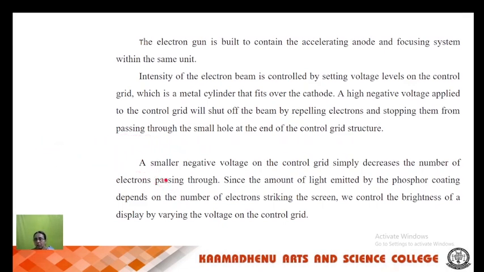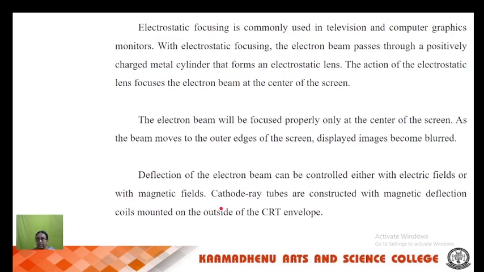A small negative voltage on the control grid simply decreases the number of electrons passing through. Since the amount of light emitted by the phosphor coating depends on the number of electrons striking the screen, we control the brightness of a display by varying the voltage on the control grid.